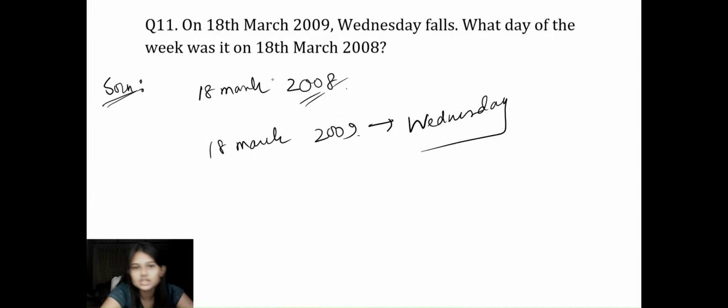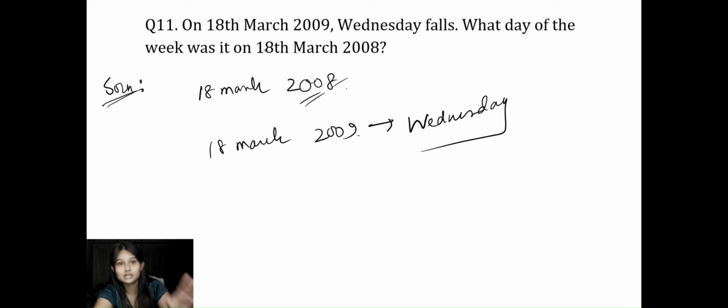So if this is a leap year, the extra day, see, very important. This is a leap year, but you are not going to calculate 2 odd days for it. Why? Because the extra day already went before March. That was 29th February. So that is already past 29th February, right? 18 March. So we'll calculate only one odd day. I'm going to treat it as the ordinary year because that extra day is gone.